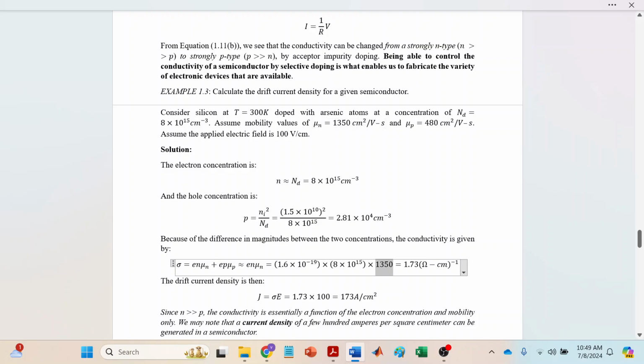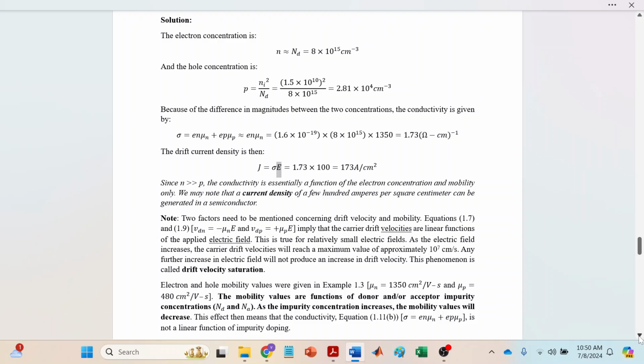We don't need to include the hole mobility value there because the electrons are the majority carriers. So we arrive at this conductivity, then we calculate the drift current density by multiplying with the applied electric field, and we get 173 amperes per centimeter squared. The unit of current density is amperes per centimeter squared.